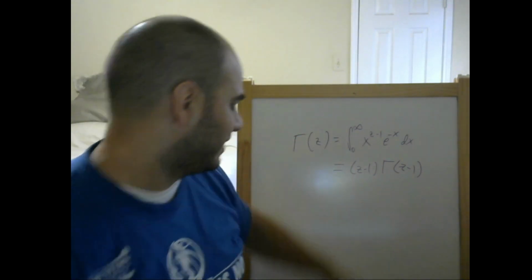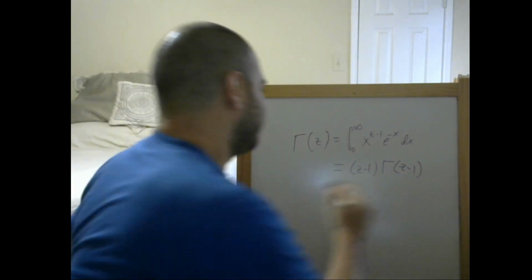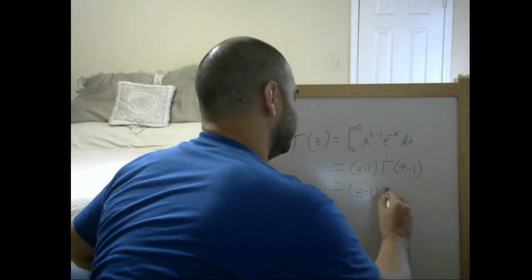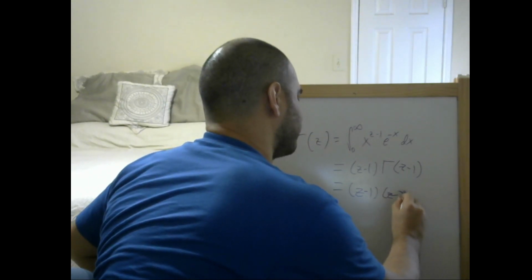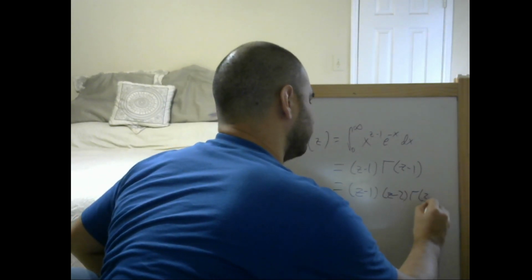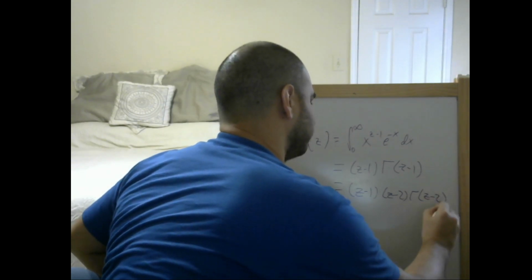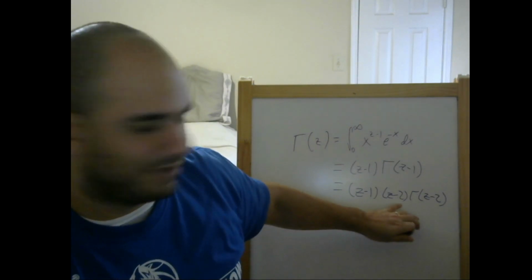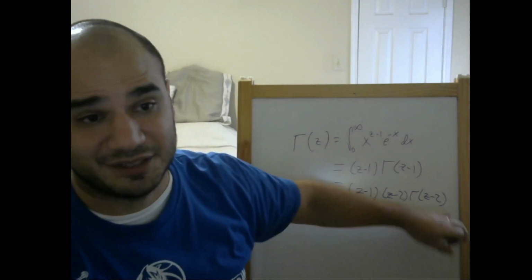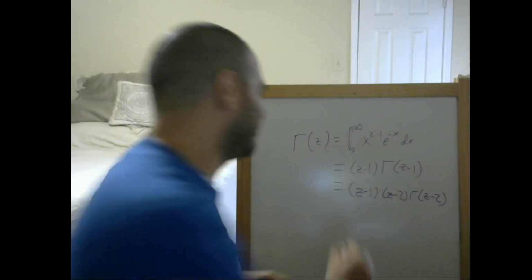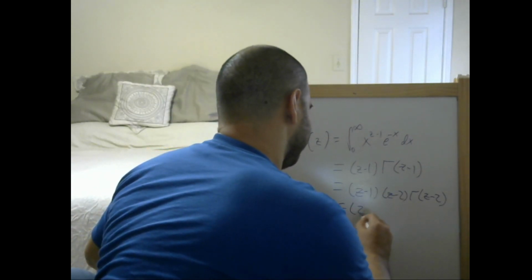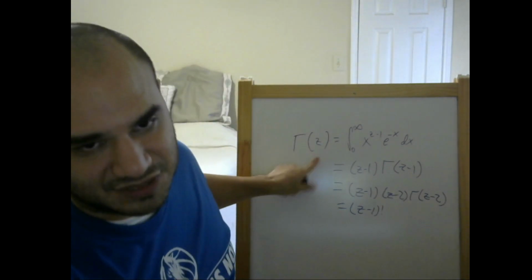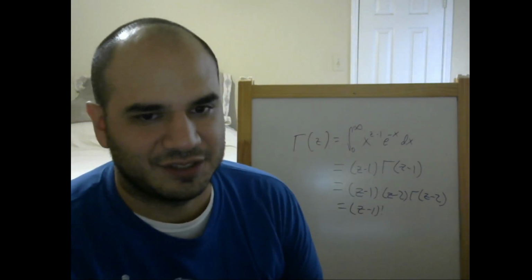So if you apply it again, then you get z minus 1 times z minus 2 times gamma of z minus 2, and so on and so forth, whenever z is a positive integer.